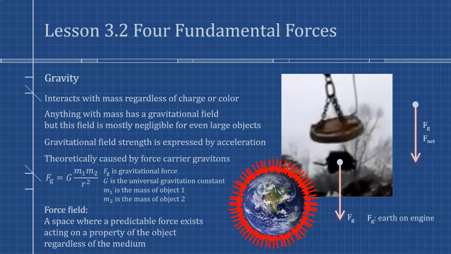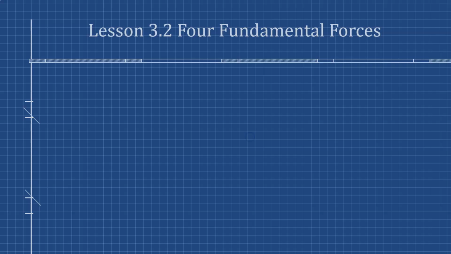Then we have two masses that are multiplied together, and then the displacement between objects squared in the denominator of our fraction. So once again, distance between objects is the most important factor affecting the force of gravitation because that value is squared.